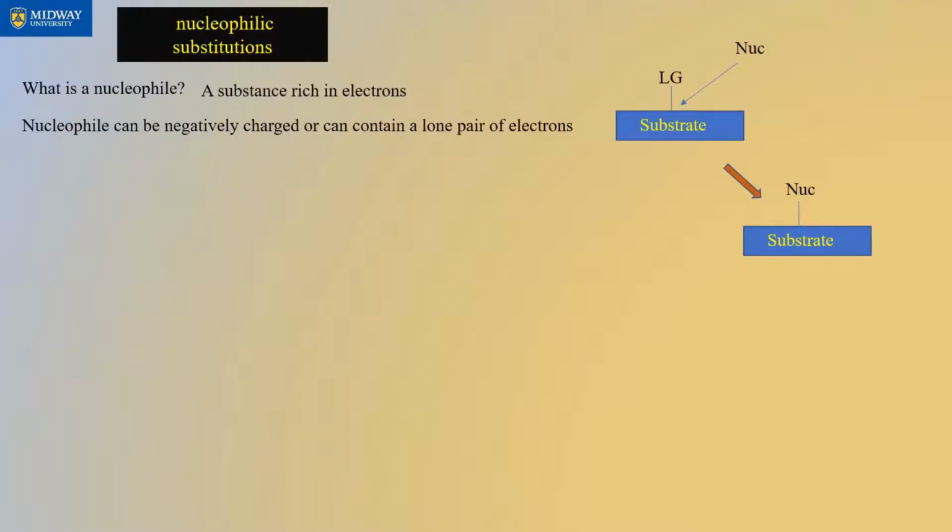So nucleophiles themselves can exist in two different native forms. It can be either negatively charged or it can be neutral with a lone pair of electrons, like in NH3. If you remember going back to your Chem 170 and drawing those Lewis structures, you'll see NH3, which is ammonia, has a lone pair of electrons. Water has two lone pairs of electrons.